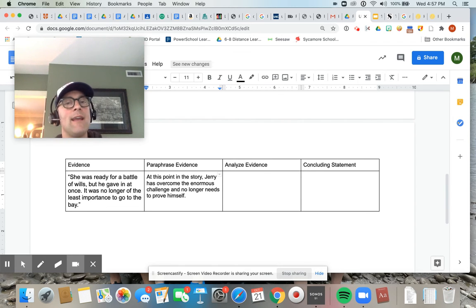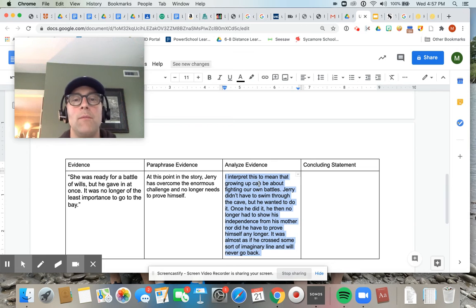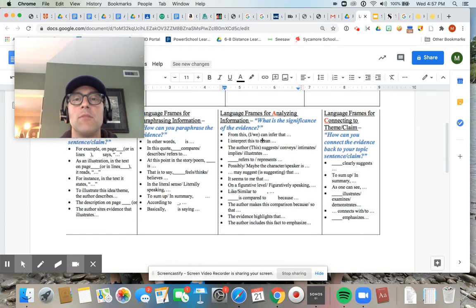Now, analyzing the evidence. Analyzing the evidence should probably be your biggest chunk. This is where you really are showing and connecting and getting your argument going, right? So, oh, look, it's the longest one, no surprise. I interpret this to mean, and look up here, I interpret this to mean.